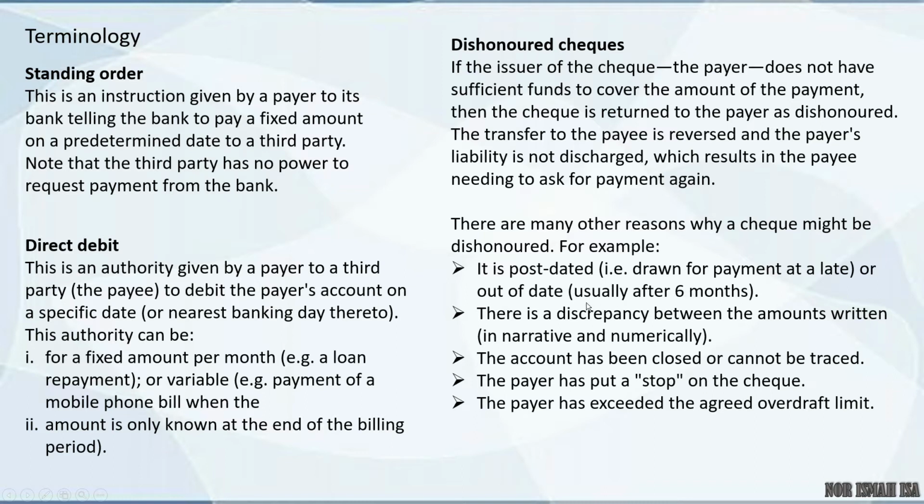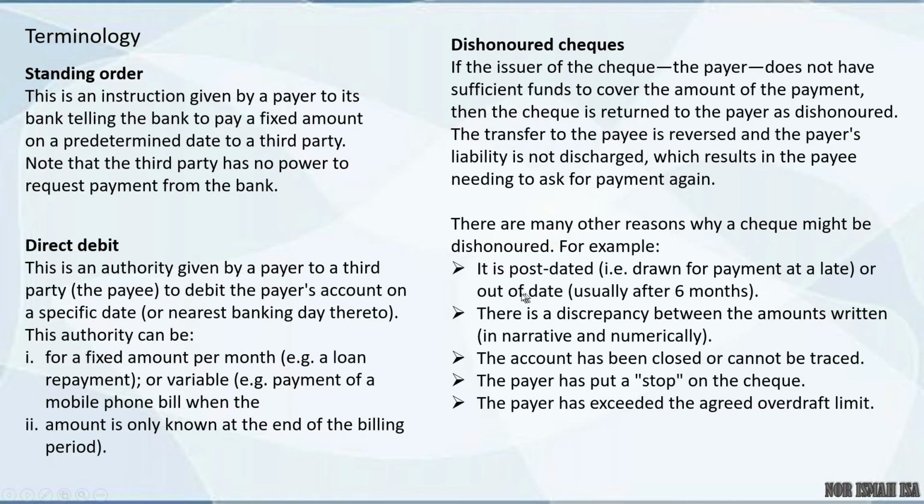or the outdated check. Post-dated means that the check is for a future date, as if the person received a check and sent it to the bank before the date, so this becomes a bounced check. Same as the out of date.